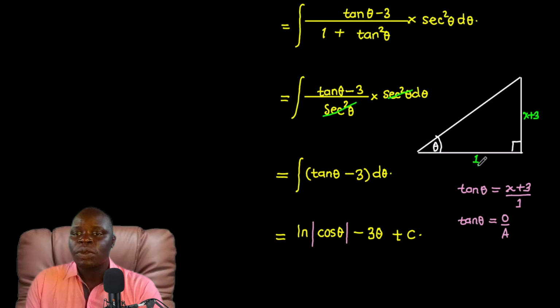So the hypotenuse is the square of 1, which is 1, and we add it to the square of this term, that is x plus 3, and this is from Pythagoras theorem, so that is our hypotenuse. Now we can go ahead and write the relationship for cosine.